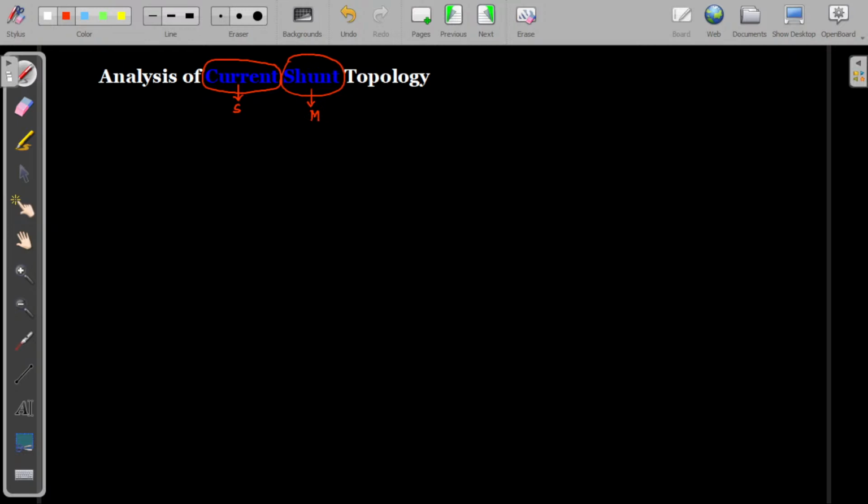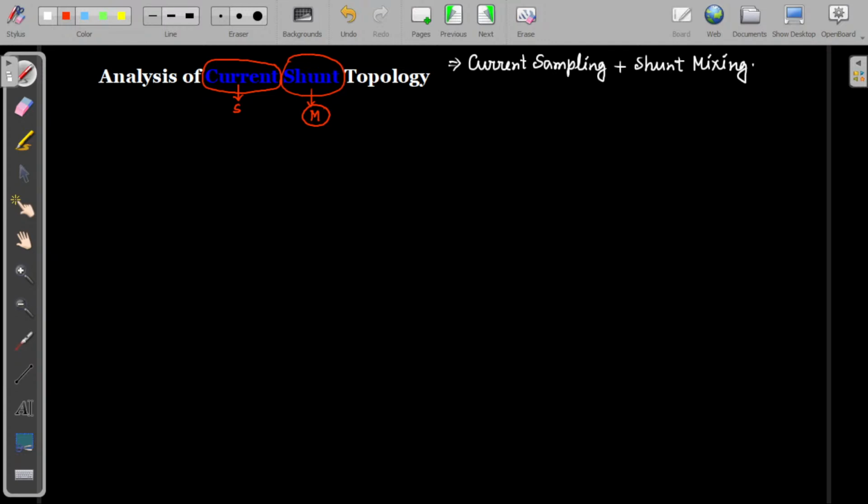That means it has current sampling plus shunt mixing.